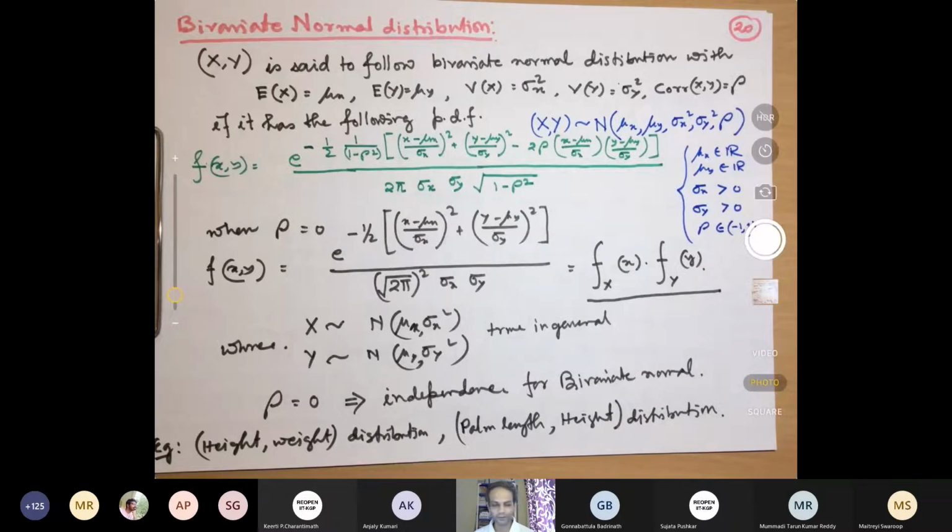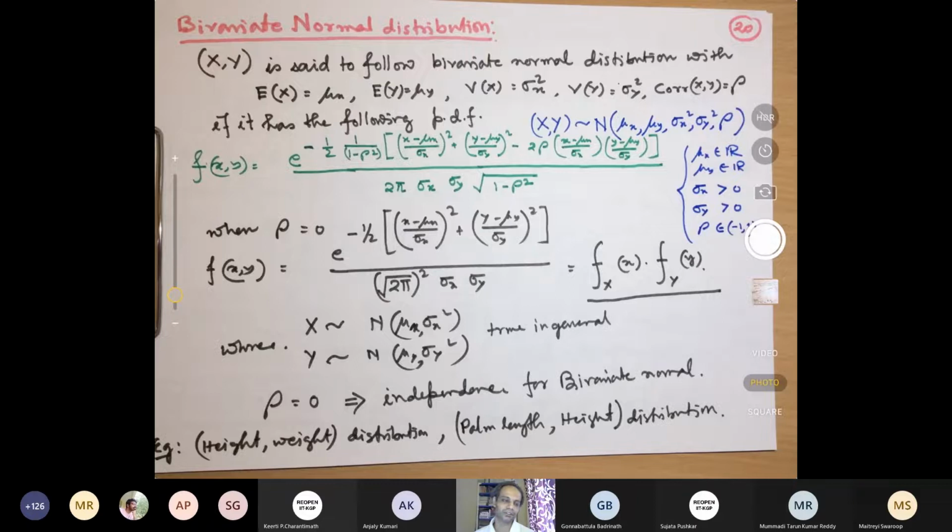Okay. And in a similar way, if you consider the different sizes of the bones of the body together, then you can also think of a multivariate normal distribution.